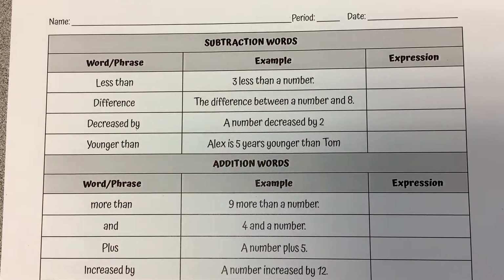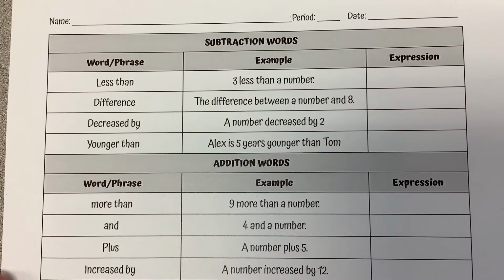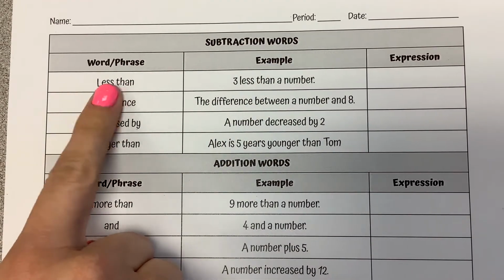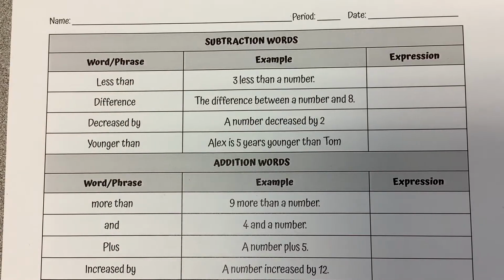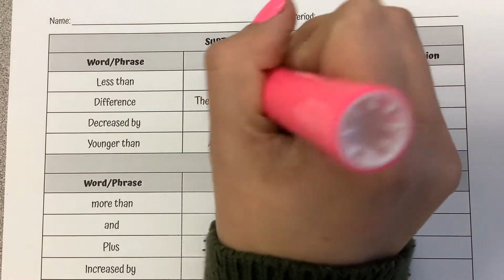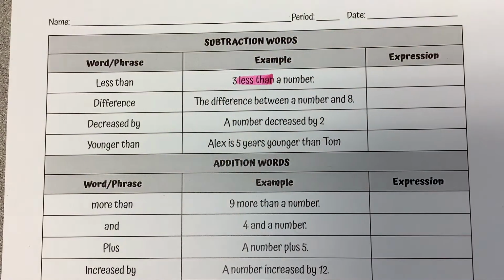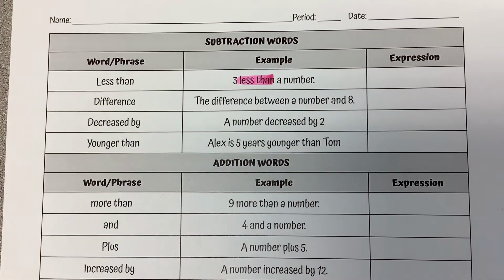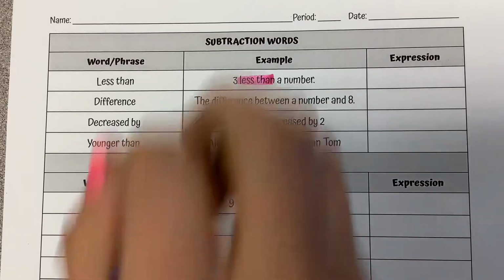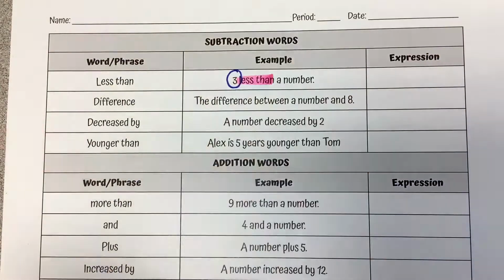So first, we're going to look at those that are subtraction words. So the key word, less than, I'm going to highlight in here, okay? The number that is given to me in the problem, I'm going to circle. And then our unknown, I'm going to underline.